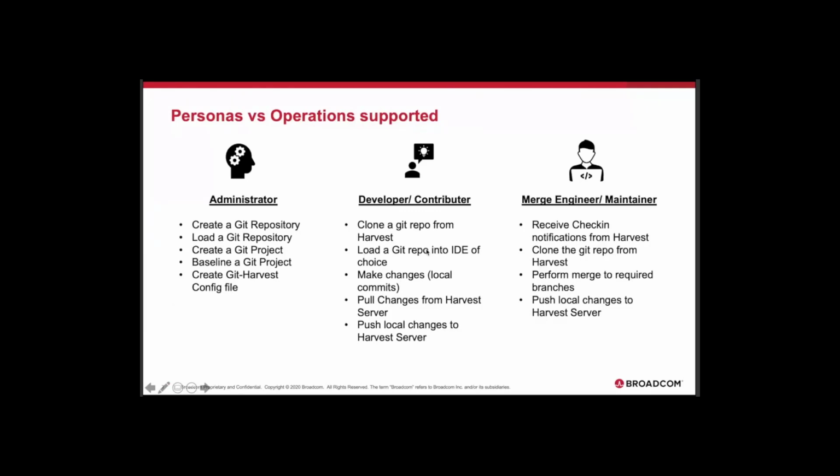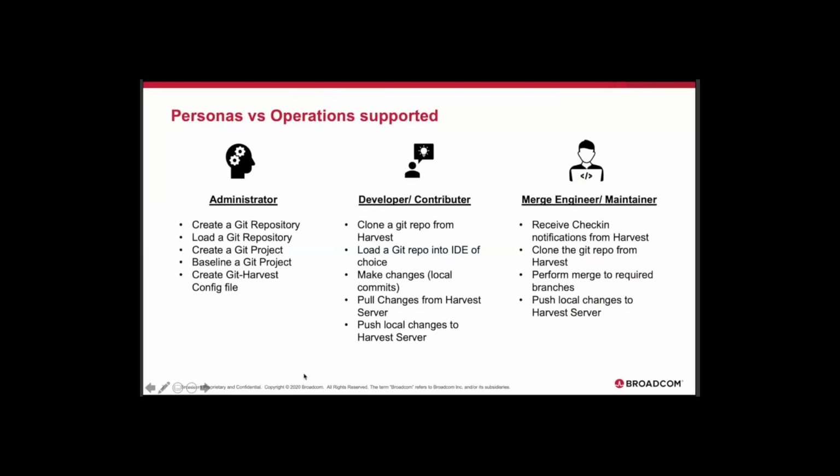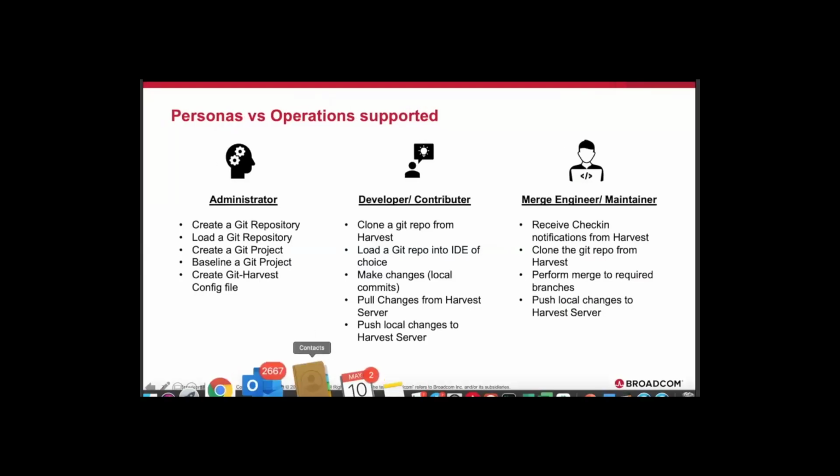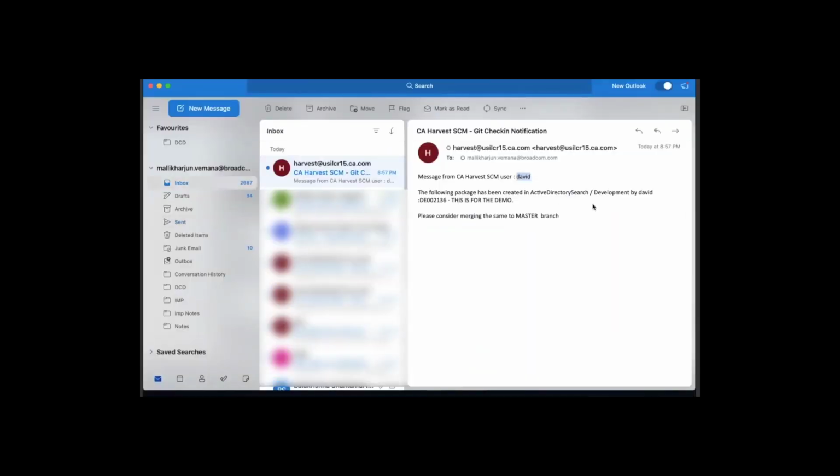So then comes the merge engineer. Once this is done, you can configure it to get an email notification saying that somebody has checked in. User David has checked in this package, consider merging it to the master branch.